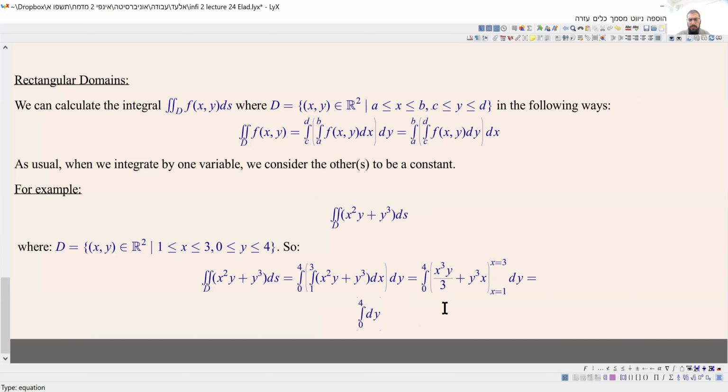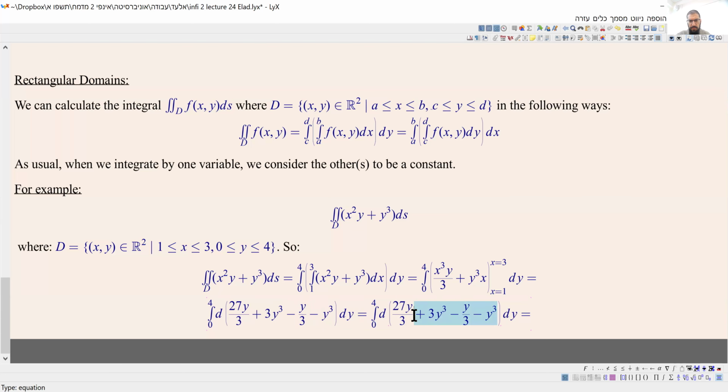At x is 3, we have 27y over 3 plus 3y third, minus where x is 1, y over 3 plus y third, dy. Let's organize it a little bit.